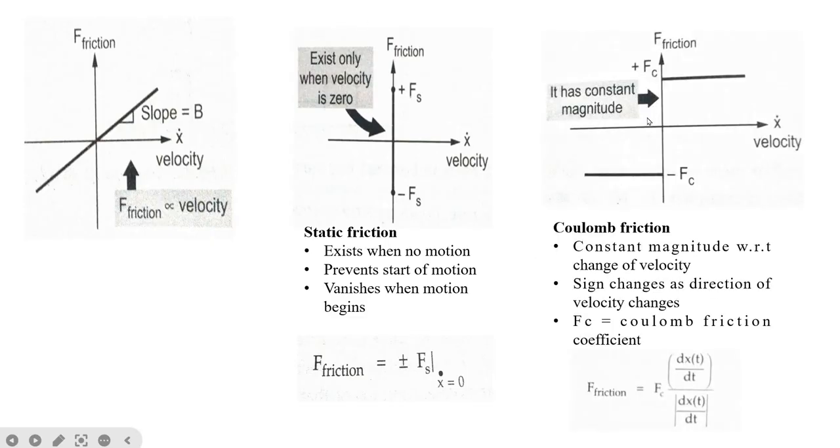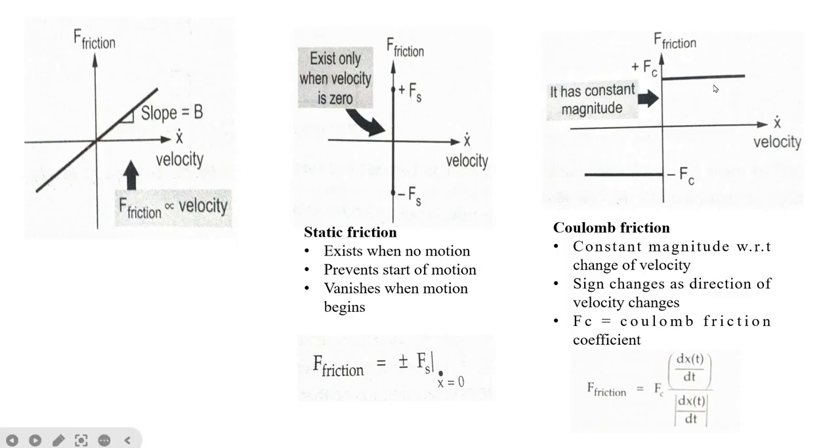Next is the Coulomb friction. This Coulomb friction has a constant magnitude with respect to change in the velocity. Here the velocity is positive, so the magnitude is constant; the value for the friction constant Fc will be constant. Here it will be constant with negative sign, and here it will be constant with positive sign.